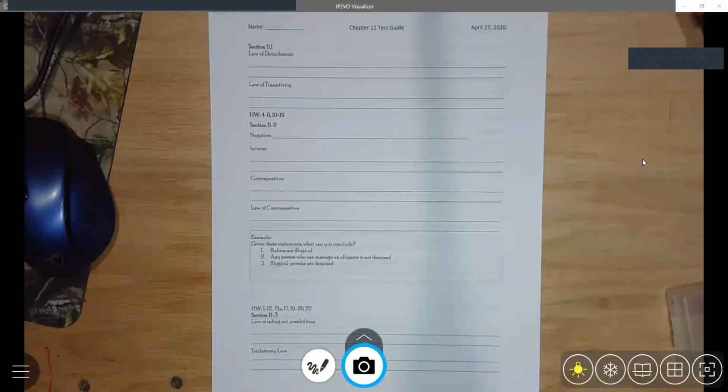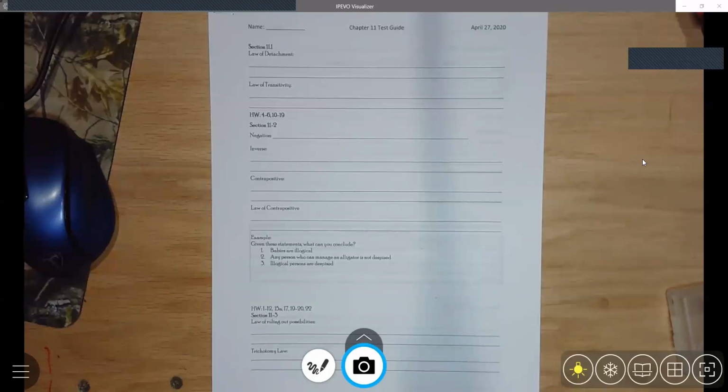So here we go. We're going to learn about logic. So this is kind of similar to what we covered in the first semester. If you remember, we did conditionals, we did the converse, we did true conditionals, we did counterexamples, and that's similar to what we're going to be looking at here in chapter 11, along those same ideas, but we're just going to take them a bit further.